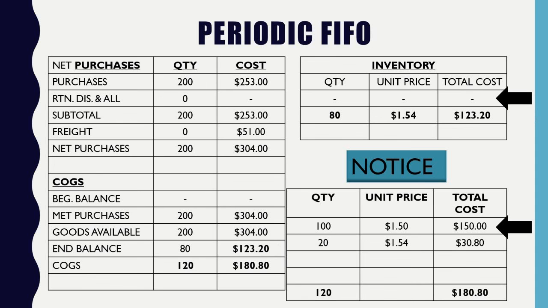All right? And notice this. The way that we use this, when we use FIFO, is we started with our first batch of inventory that we purchased. Then we proceed to go down until we eliminate each and every single batch of inventory. Any questions?